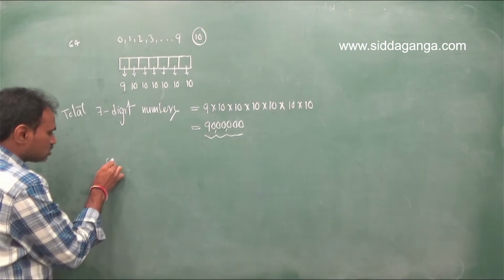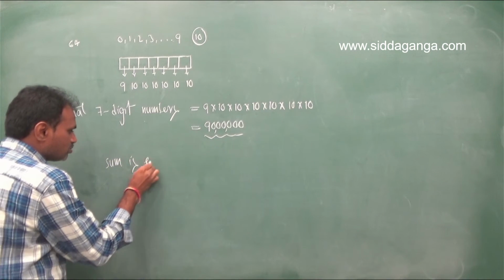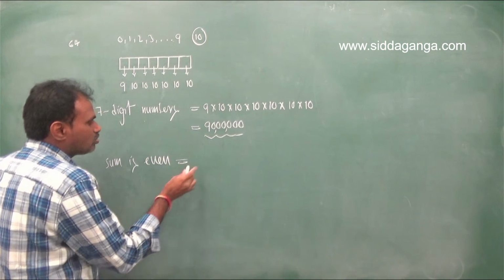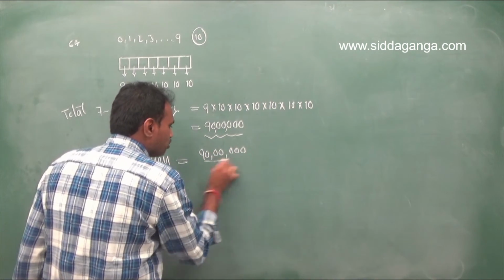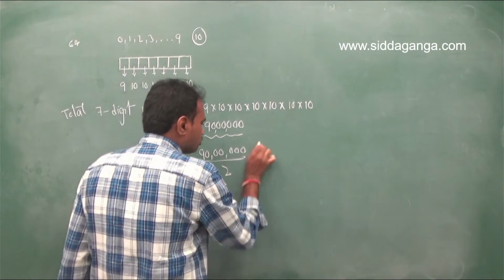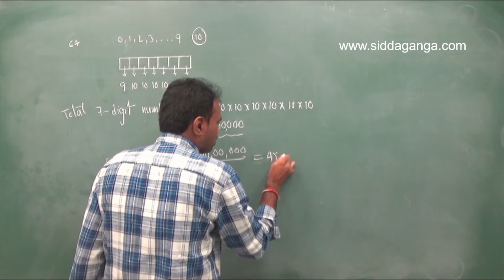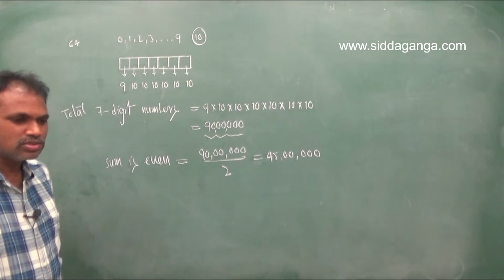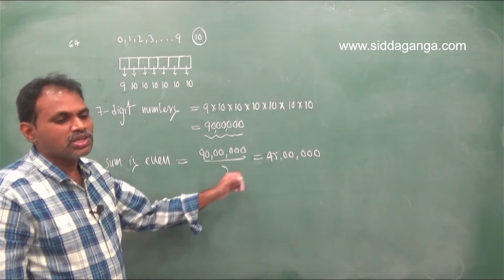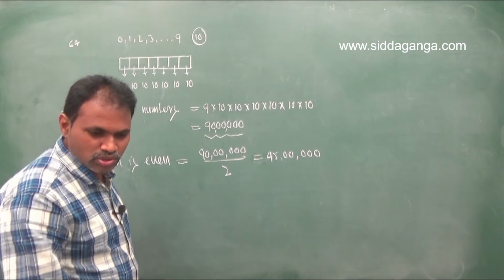Here, asking for the sum to be even, it is 90 lakhs divided by 2, which is 45 lakhs. Therefore 45 lakhs 7-digit numbers have an even sum. Therefore option 2 is right.